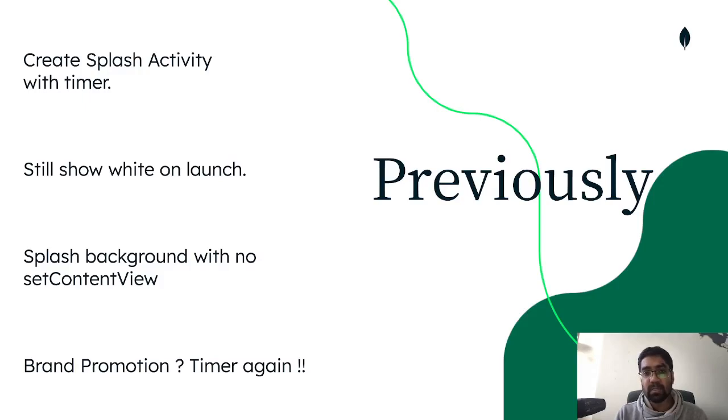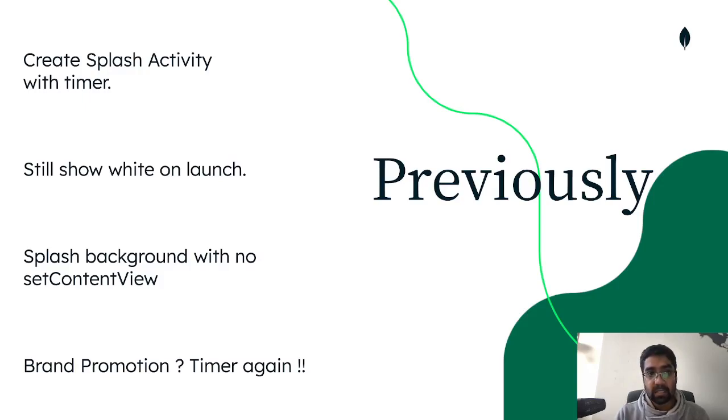To solve these problems, Google recommended that you create a splash screen background and add it to your splash screen activity and then get rid of the set content view. With this approach, definitely we were able to solve the white screen problem which we used to have earlier.